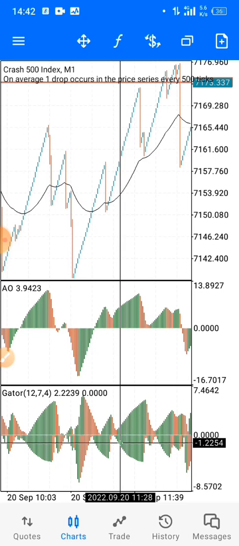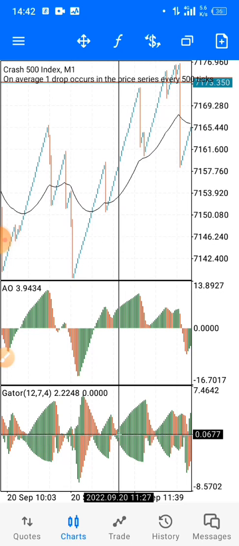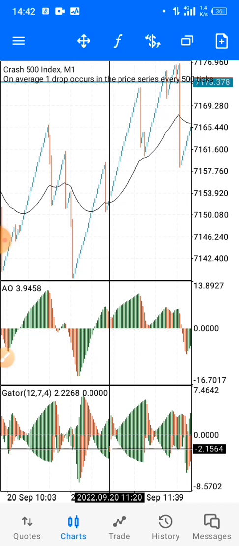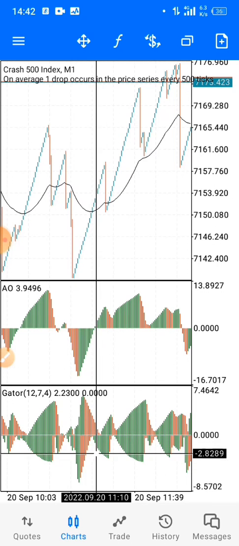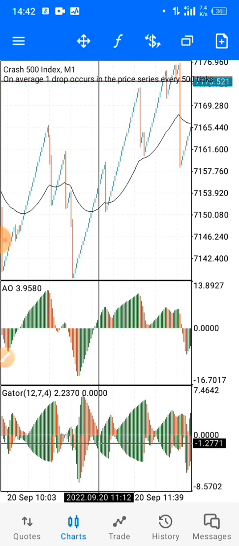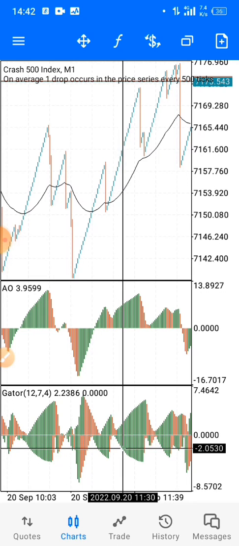As you can see here, the lower segment was green and the upper segment was still red. So here we don't take an entry until it shows green on both segments.